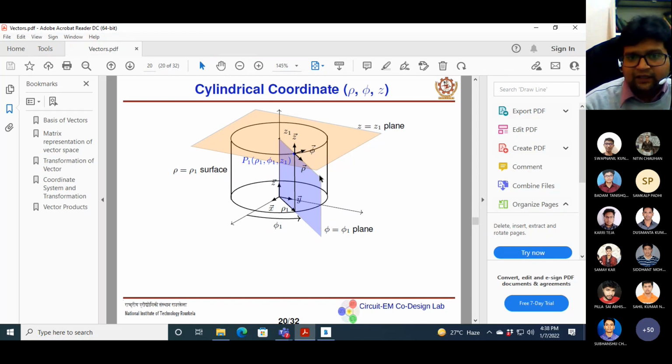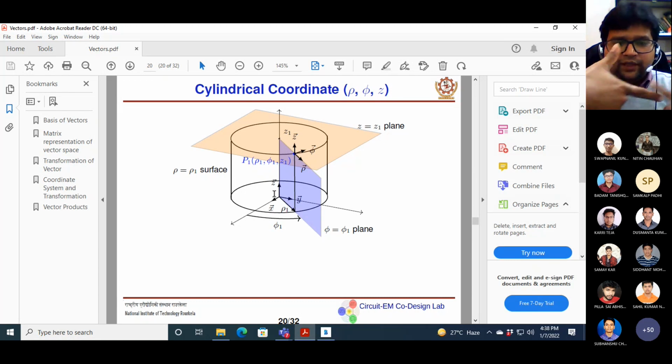Now here you have to understand how xyz and rho, phi, and z, this coordinate, has been transformed. If I do some rotation, let's say this is my x, this is my y, and this is my z.